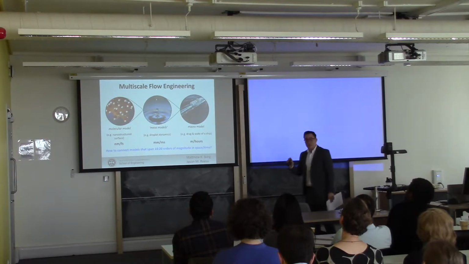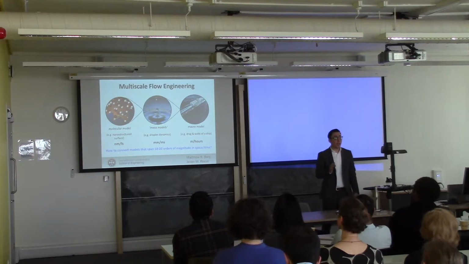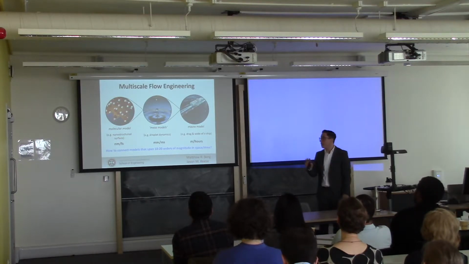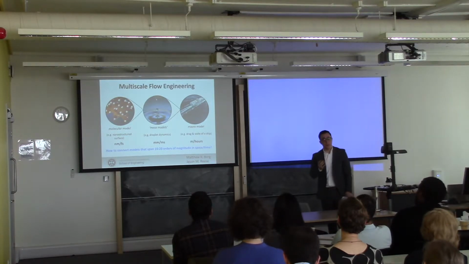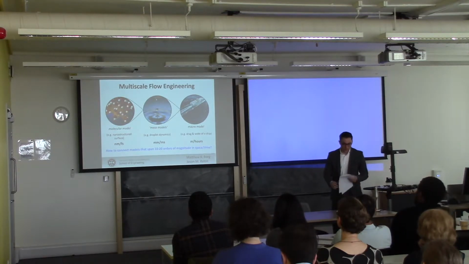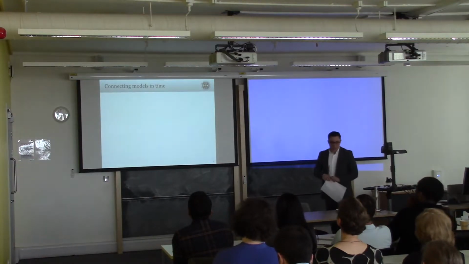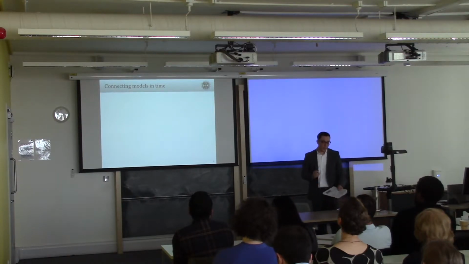So if you do the maths, you quickly realize there are around 10 to 20 orders of magnitude in time and space between the smallest model which you have and the largest model. And so it may not be obvious, and we've heard from Martin in the previous talk, that this is relatively challenging. So how do we do the connections? How do we do the connecting of these models? And I'll start by using time.